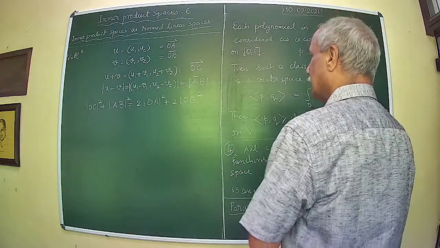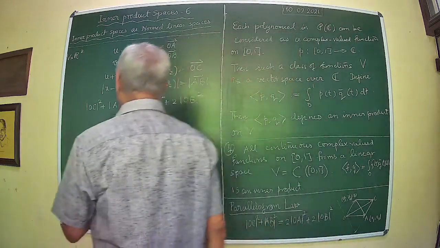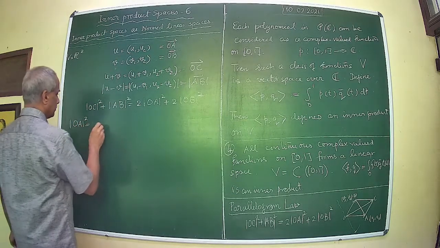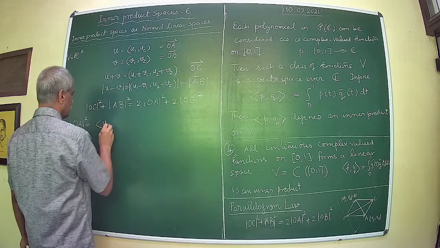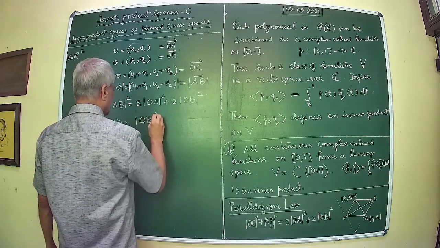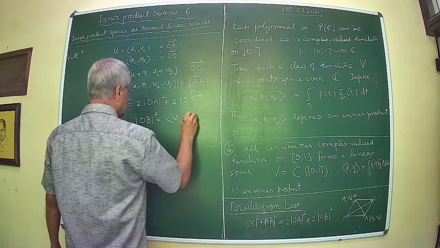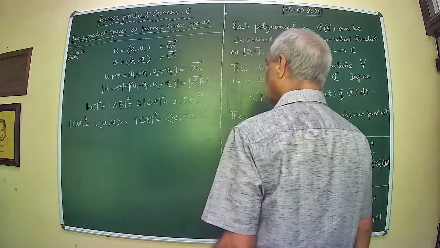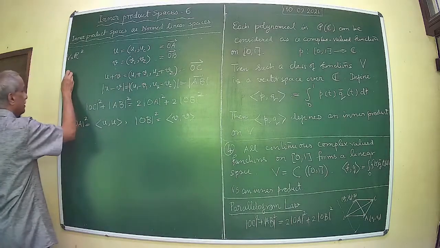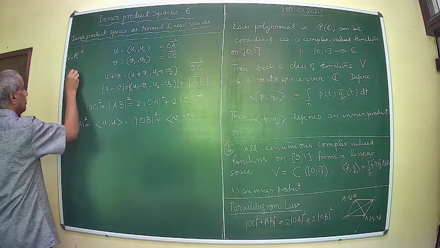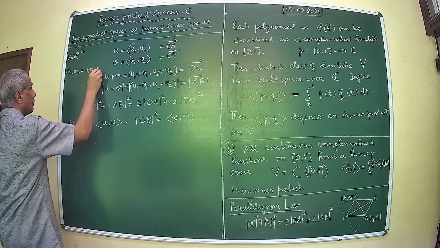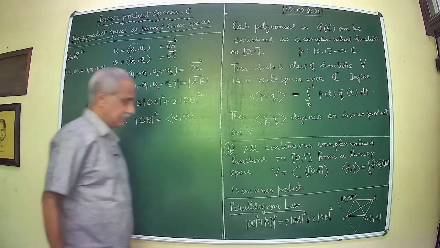Now, using the inner product, you see that u square, that's the definition of that in this case.